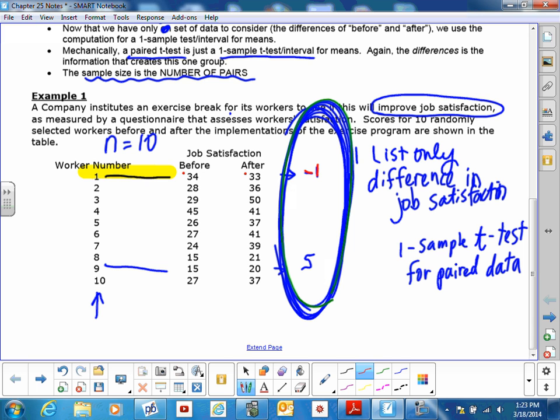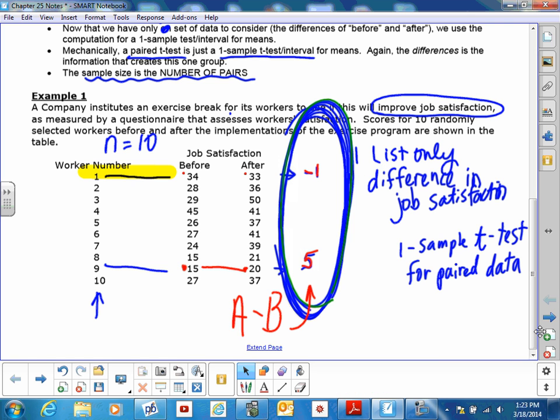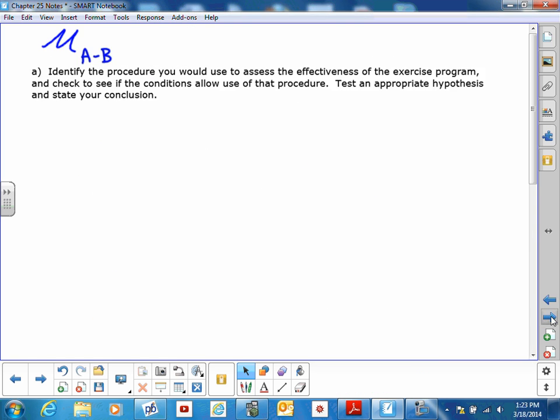And let's do the number 9 person. The 20 is after minus the 15, and that gives me a +5, which indicates that it went up 5. So subtracting after minus before gives me signs that are logical and make sense to what happens. All right, so just FYI there.